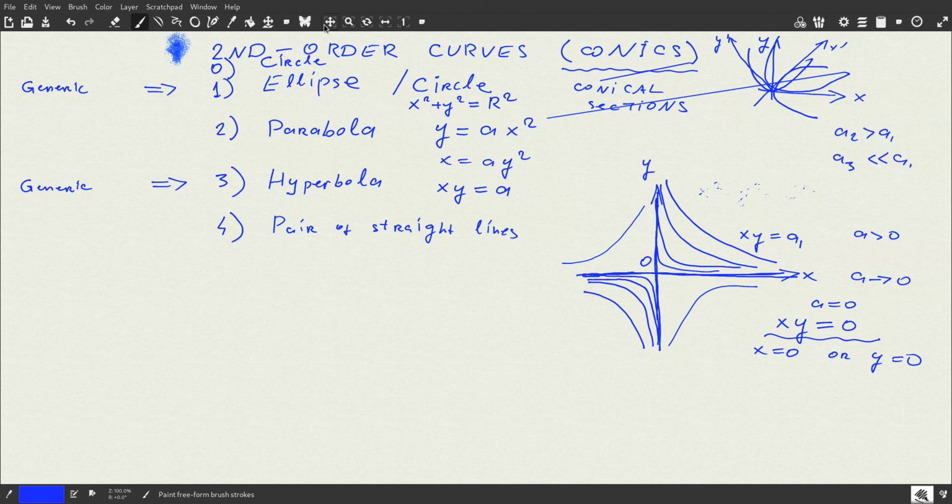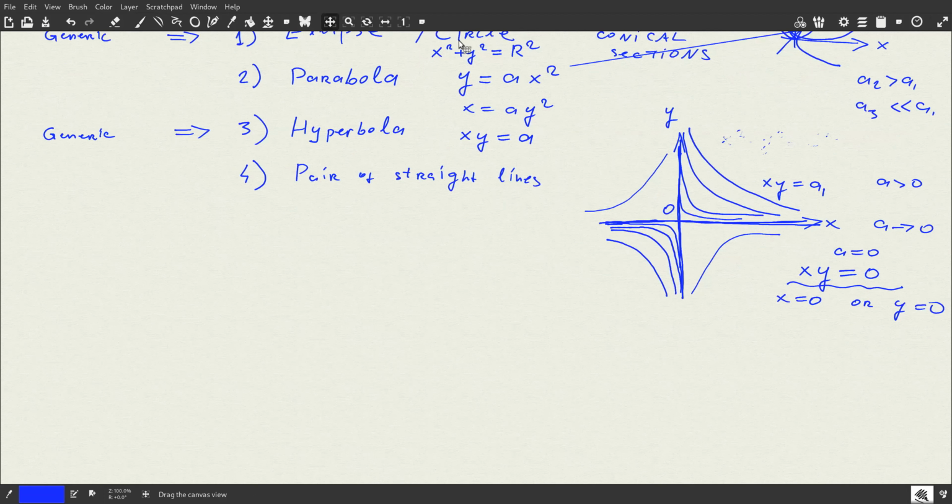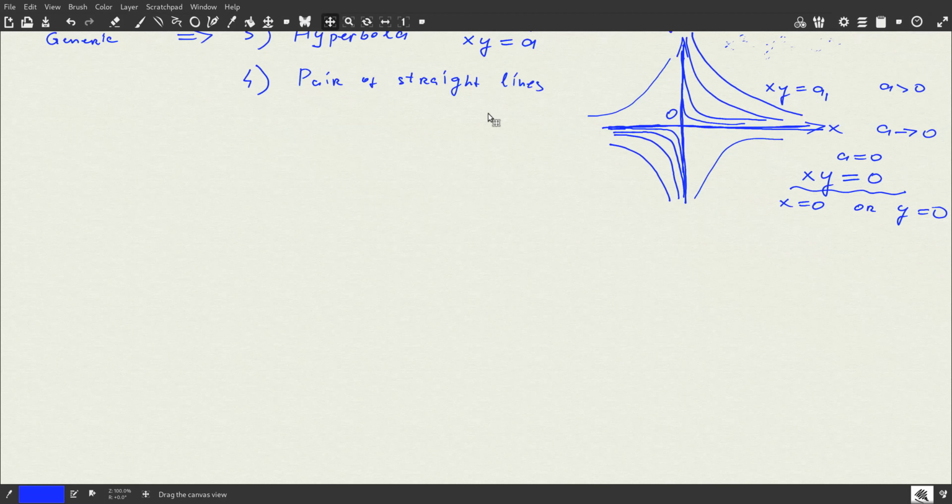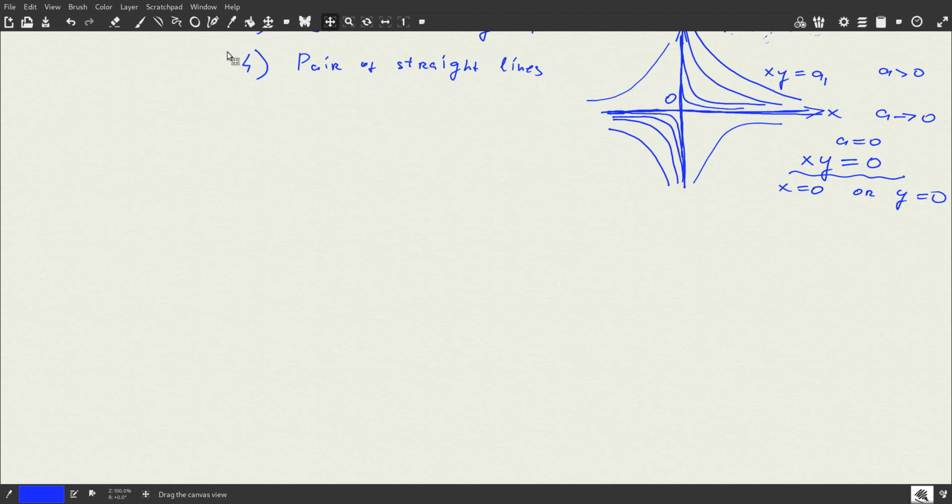So let's do that. Let's see what happens when we really intersect a cone with a plane. Okay, we'll do it algebraically with the help of our algebraic geometry machinery we have developed so far, and with the help of coordinate transforms. So let's do it that way.